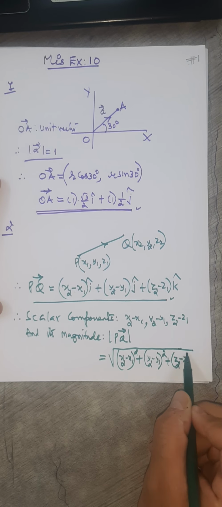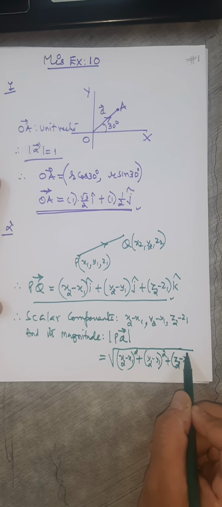Now you can verify, just try. If you get the magnitudes here, you will see that the sum of two will be the third one. So it would satisfy this condition, right? But in general, this is not true always, remember.